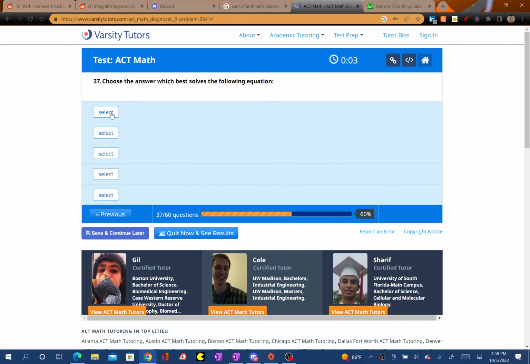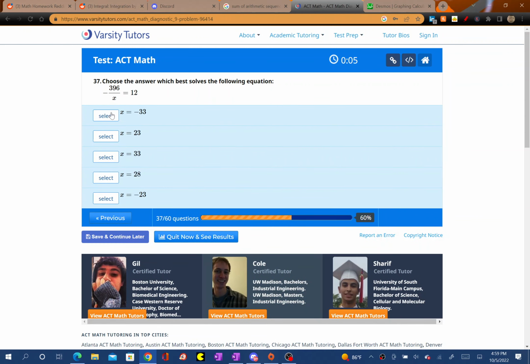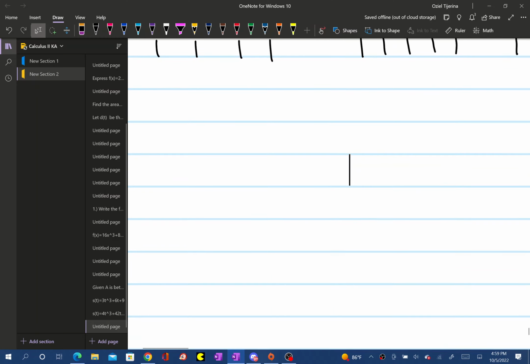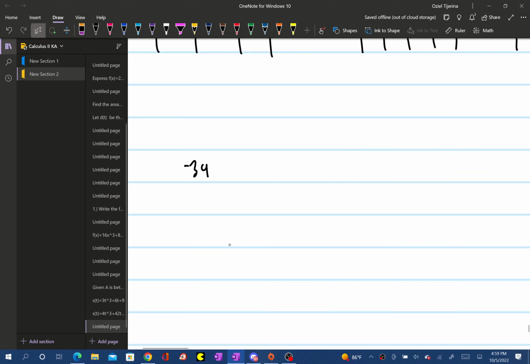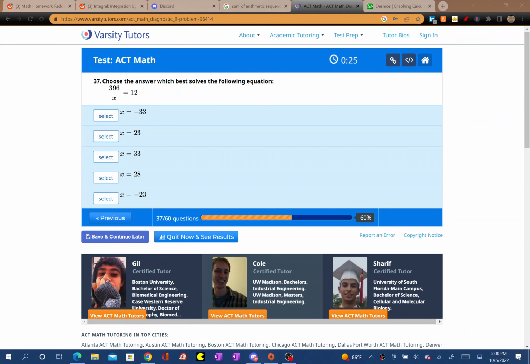Choose the answer which best solves the following equation. Negative 396 over x equals 12. That means that 12x equals negative 396. Divide by 12 on both sides, you get negative 396... Oops, it crashed on me.